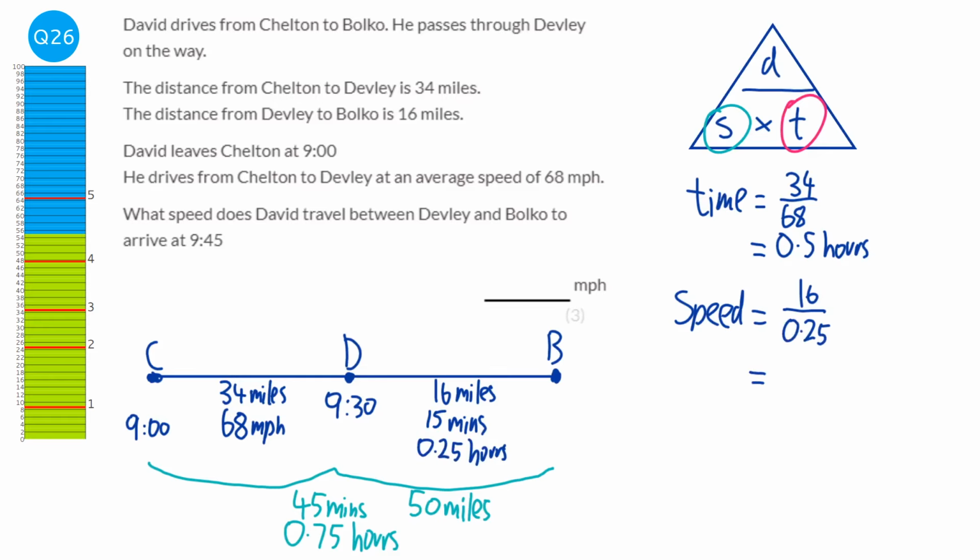We can times top and bottom by 4 to get rid of the fraction. So it becomes 64 over 1, or just 64 miles per hour. So our answer is 64 miles per hour.